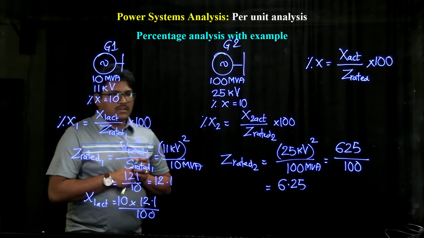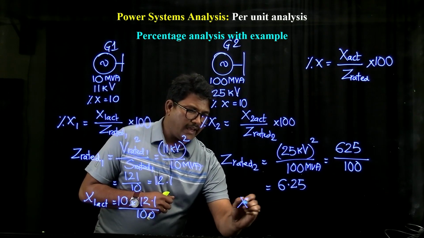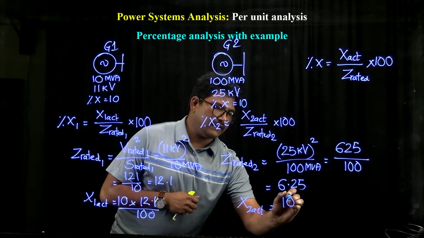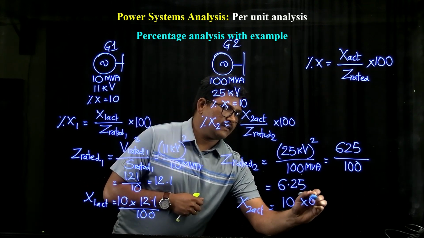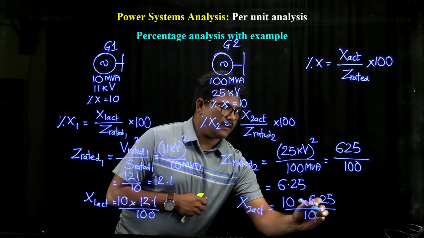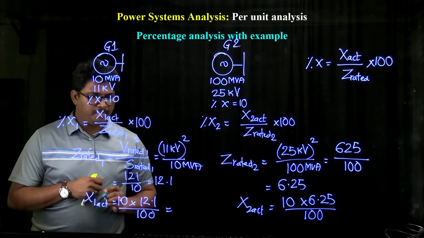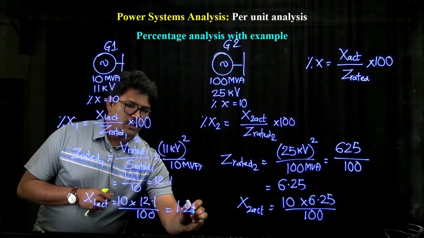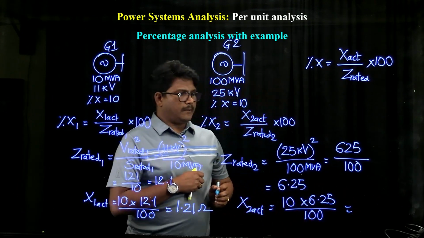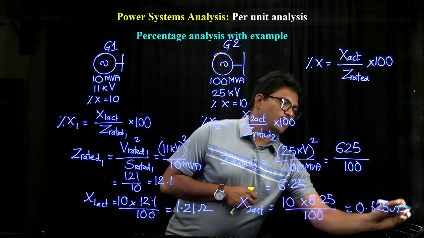Similarly, you have your X2 actual to be 10 percent multiplied by 6.25 divided by 100. You can say that this will be 1.21 ohms, and then this will be 0.625 ohms.